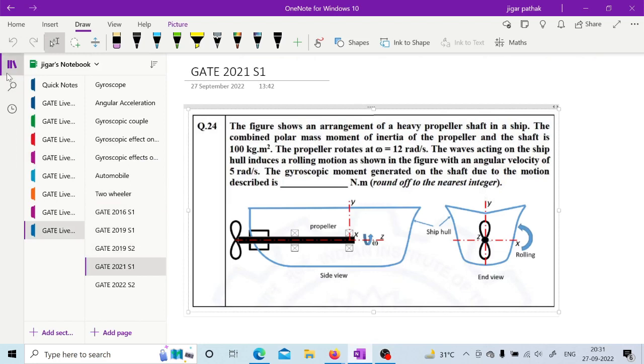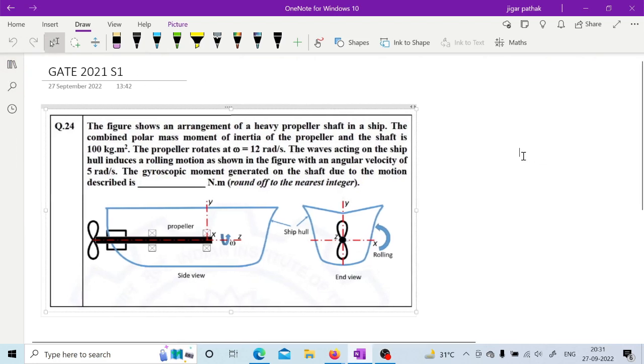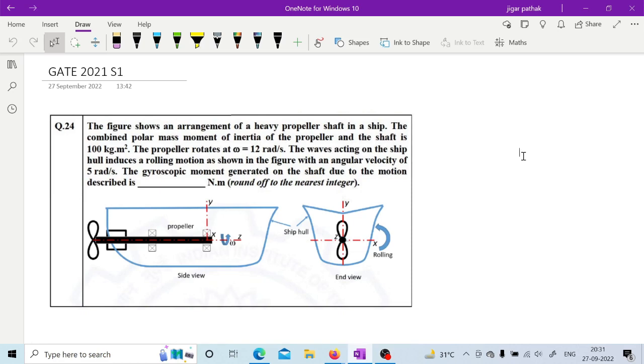So now this is the next question. The figure shows an arrangement of a heavy propeller shaft in a ship. The combined polar mass moment of inertia of the propeller and the shaft is 100 kg meter square. The propeller rotates at omega equal to 12 radian per second.